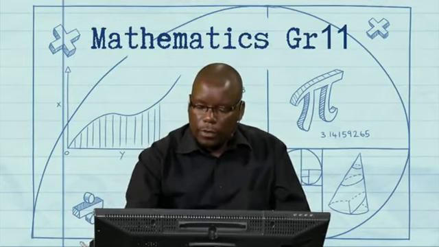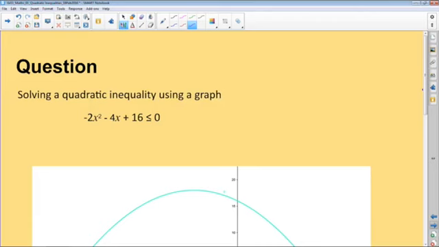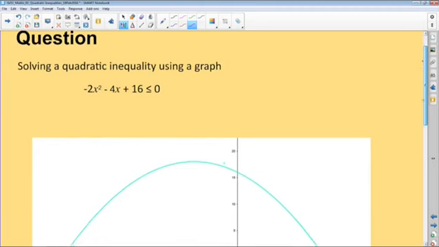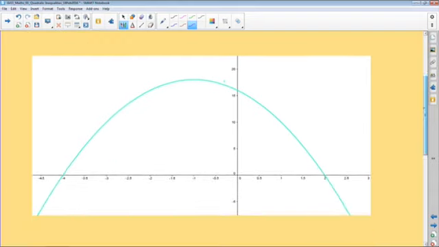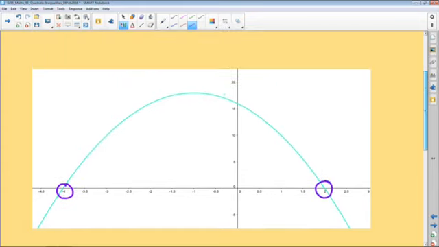Okay, before the break we looked at solving a quadratic inequality using a graph. I suggested you work with the positive graphs, but those of you who worked it straight away, the graph you are going to get looks like this, with your x-intercepts at minus 4 and 2. We are concentrating on the x values.